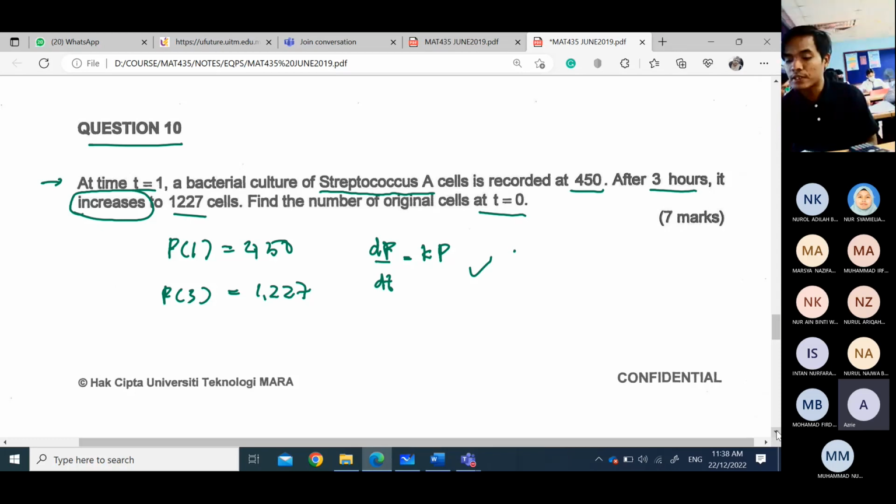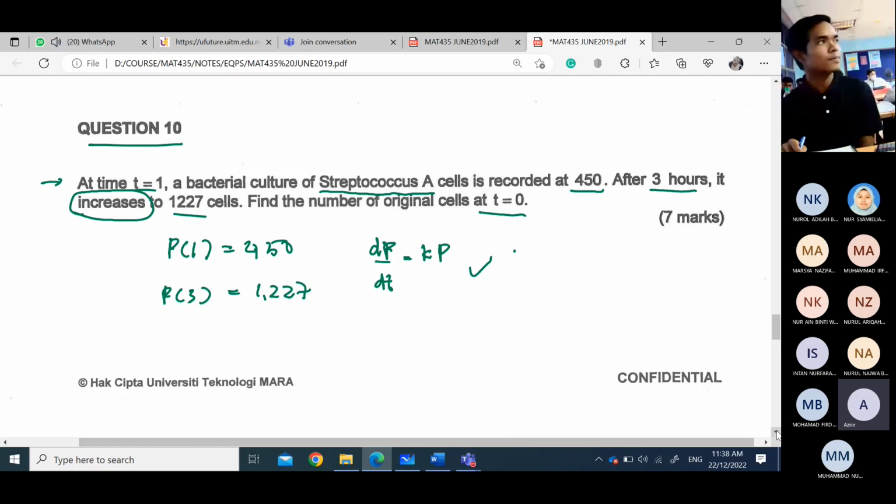Kau kena cari dia punya original dulu untuk yang t zero. Tak, itu dah akhir dia. Oh, itu akhir. Kita mula samakan lah. Kan dah ada formula Ae^(kt) tu kan. Kita bagi t = 1. So, e^k tu dah satu, equal tu dengan 450. Lepas tu, aku dah buat sampai situ dah. So, Ae^k dengan 450 dulu.